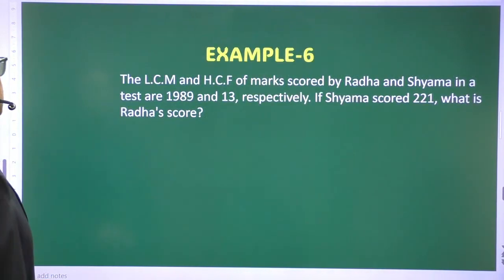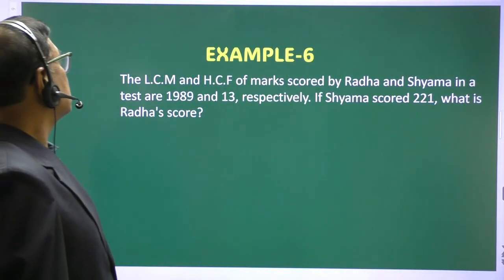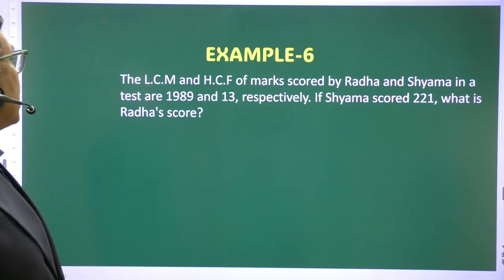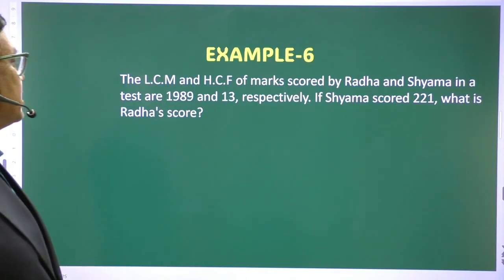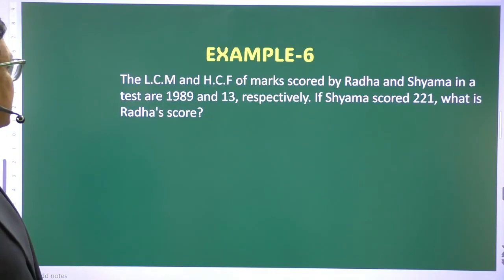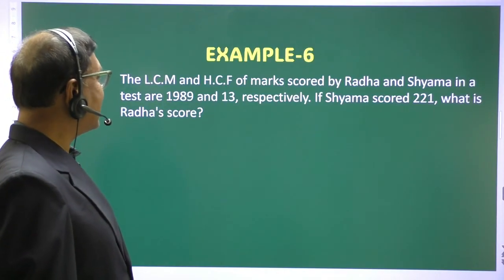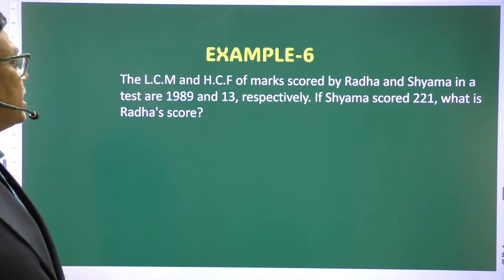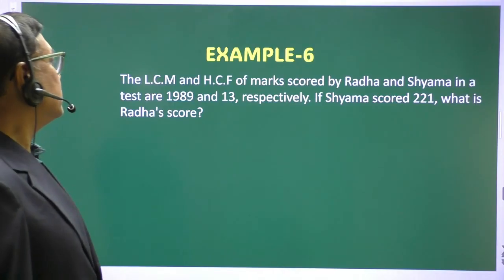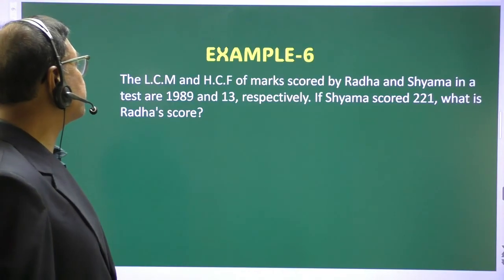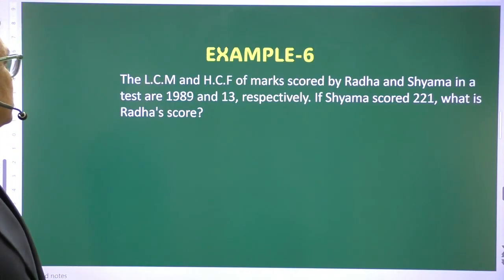Now, one example. The LCM and HCF of marks scored by Radha and Sama in a test are 1989 and 13 respectively. If Sama scored 221, what is Radha's score? Clear?